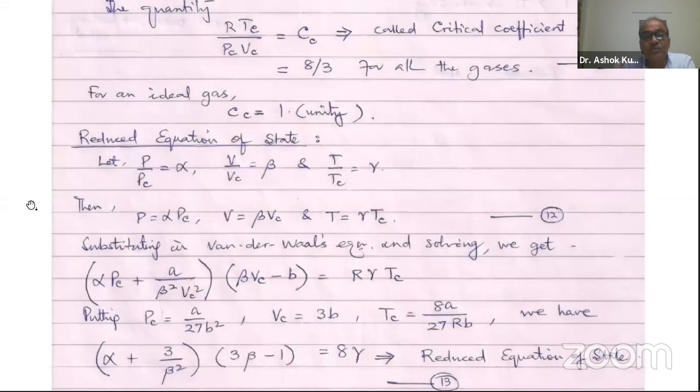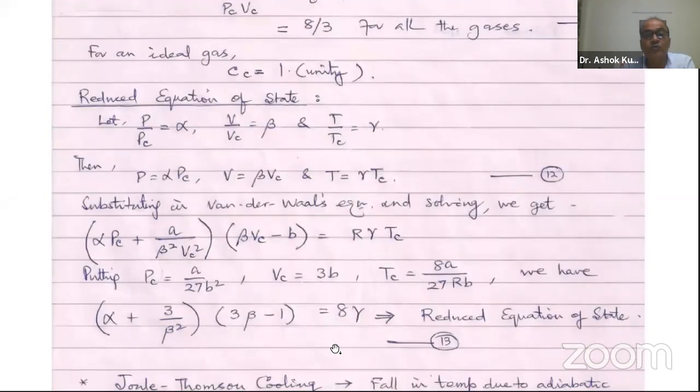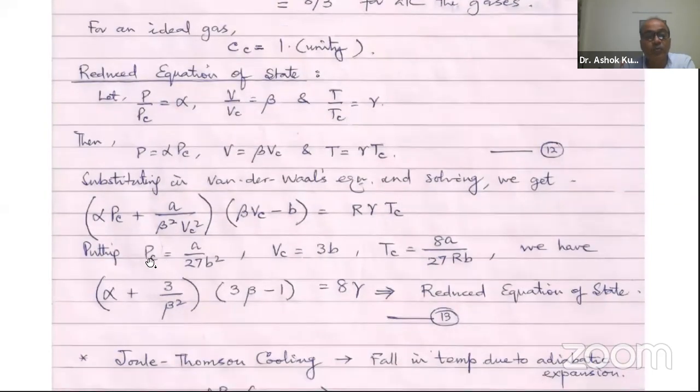If we substitute these in place of P, V, T, and at the same time use the relations for Pc in terms of the gas constants a and b, finally we get (alpha plus 3 by beta square) into (3 beta minus 1) is equal to 8 gamma.